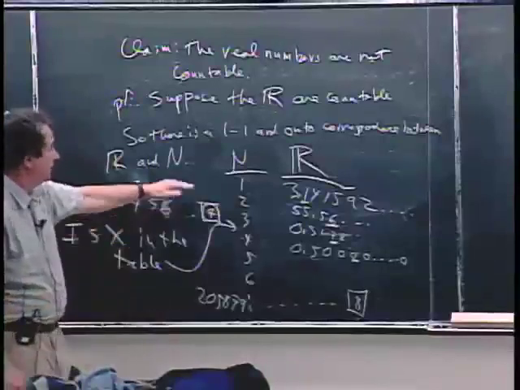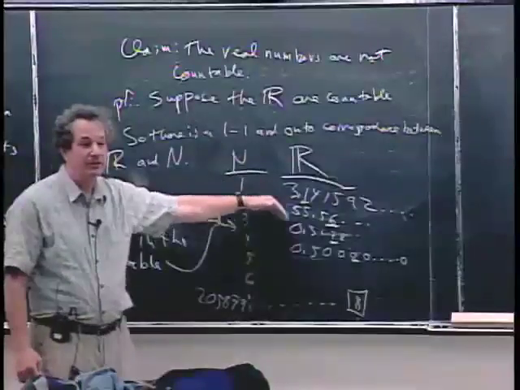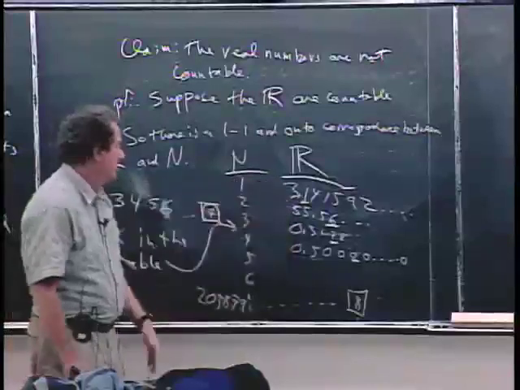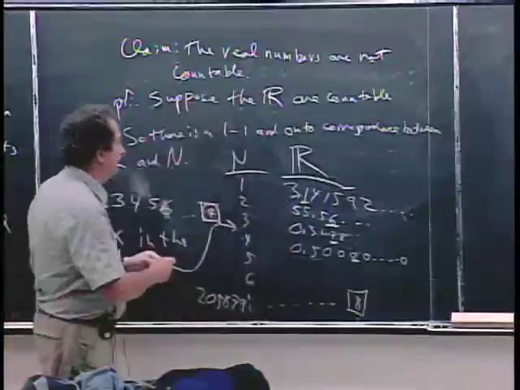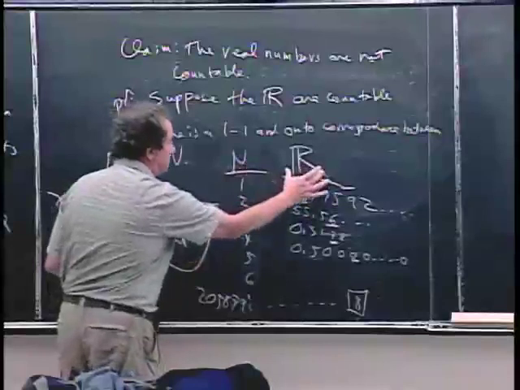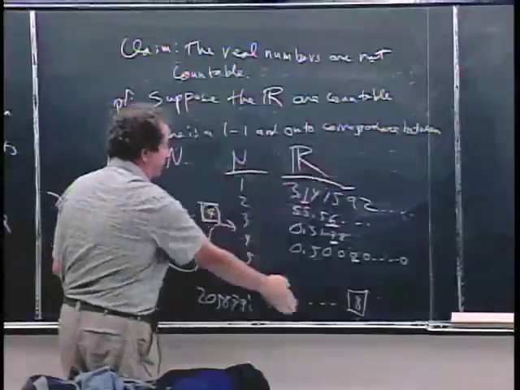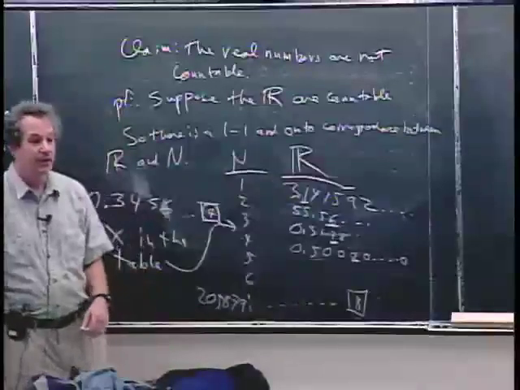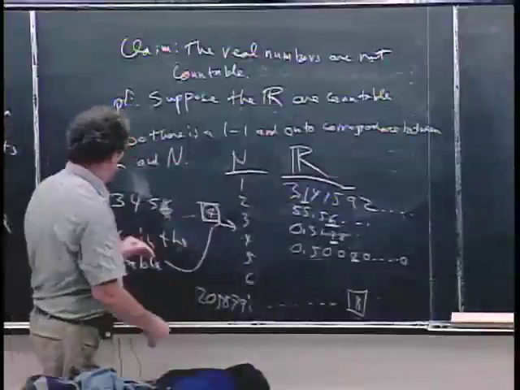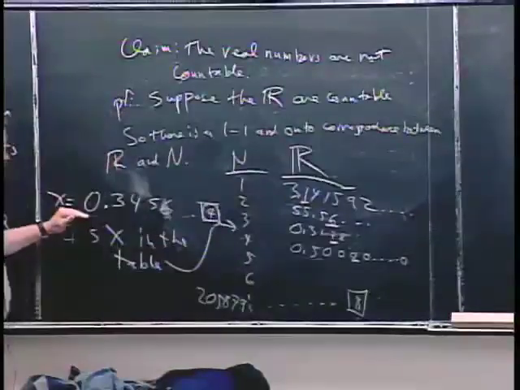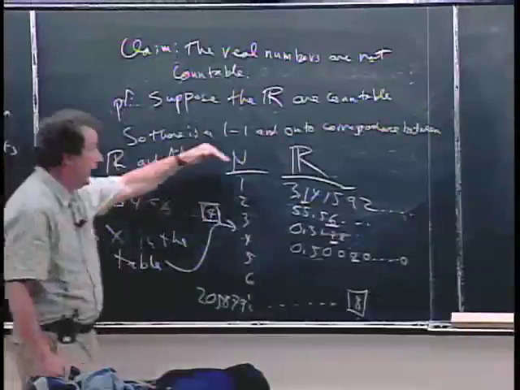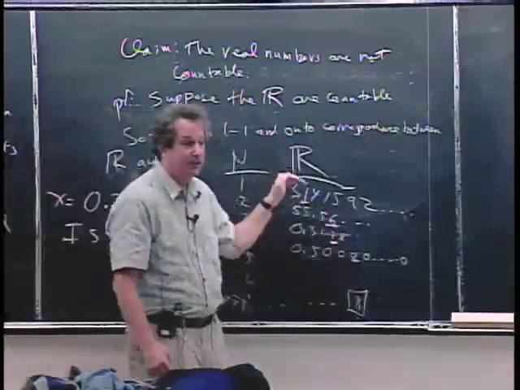Okay, so anyway, does everybody get how this worked? We suppose that there's a one-to-one correspondence between the naturals and the reals, which means there has to be a table like this. But if there is a table like this, we construct another real number, x, by the diagonalization idea. This is where the diagonalization comes in.